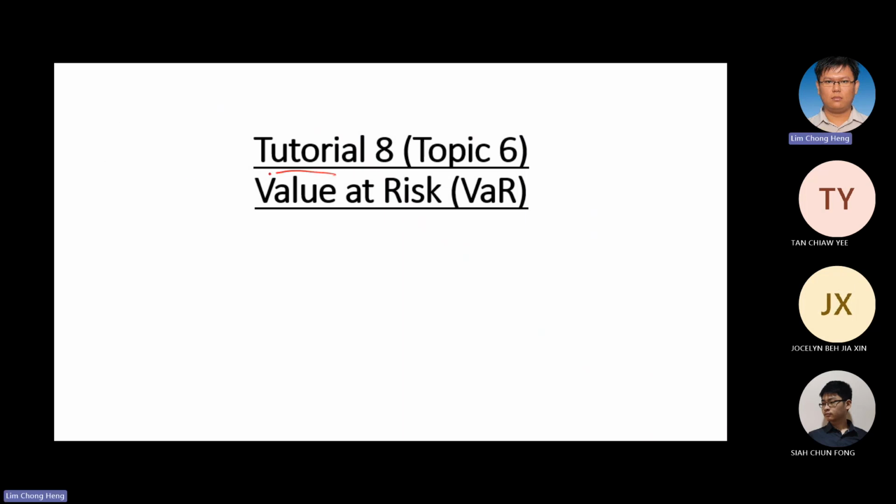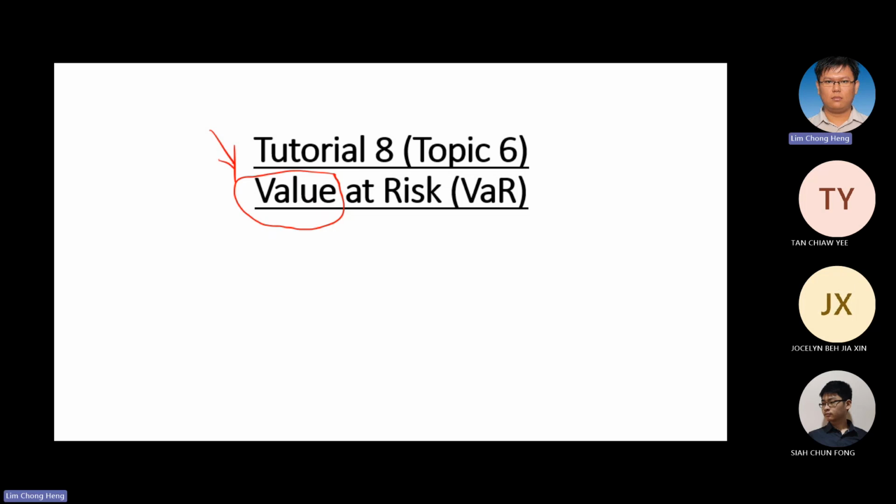You can substitute any input here, then you can find the at-risk value. For example, if you want to find your company's earning risk, you substitute the earning cash flow inside, and you have the earning at risk. If you want to know the cash flow risk, you substitute the cash flow, then we have the cash flow at risk. Or if you want to know your share price risk, you substitute it inside, then you get the price at risk. Okay, it's very flexible.